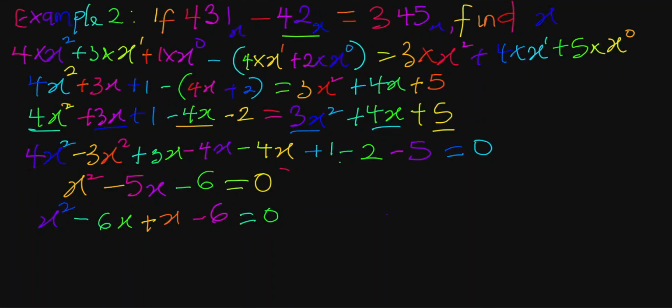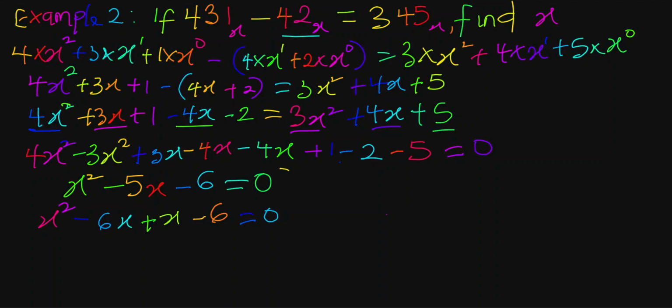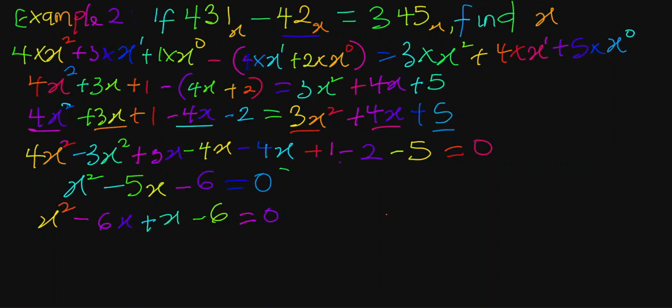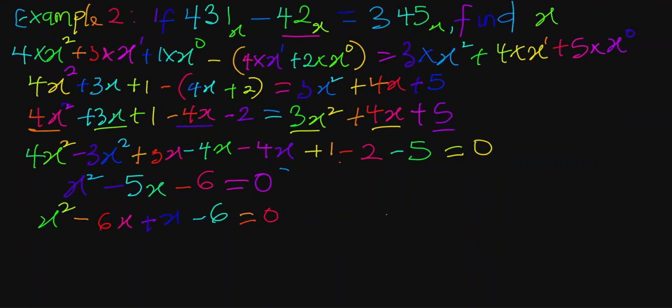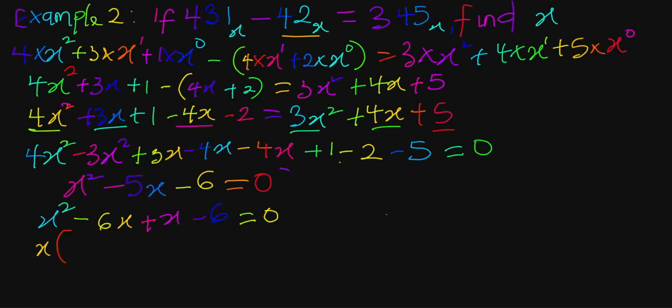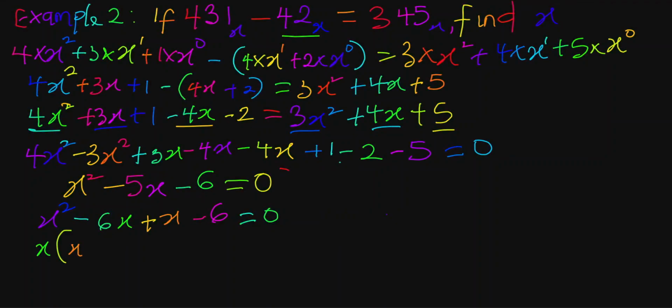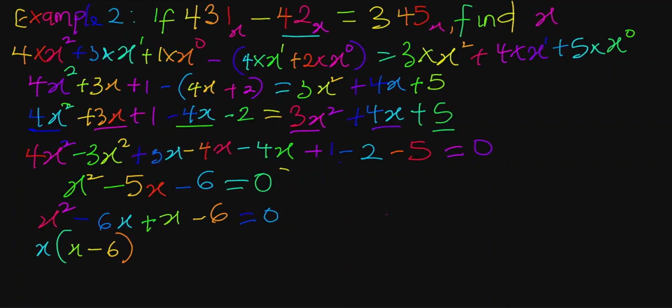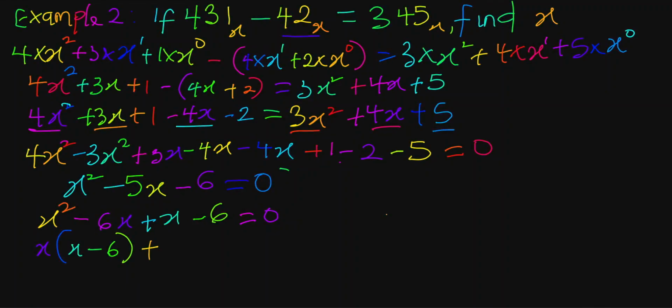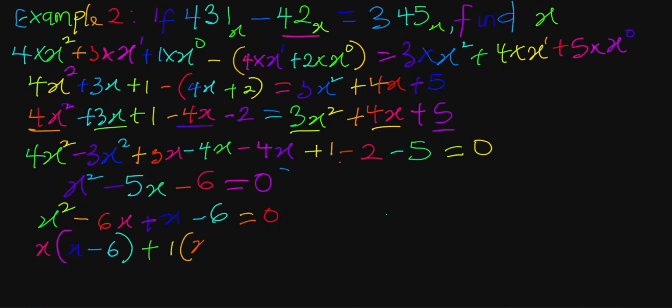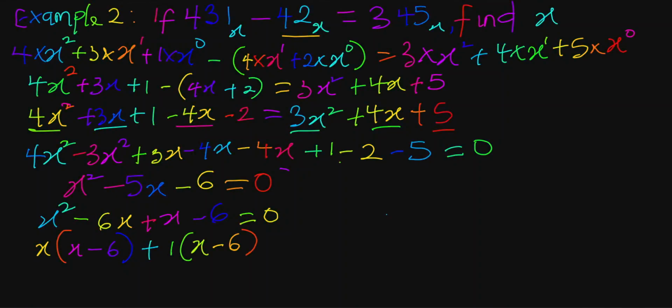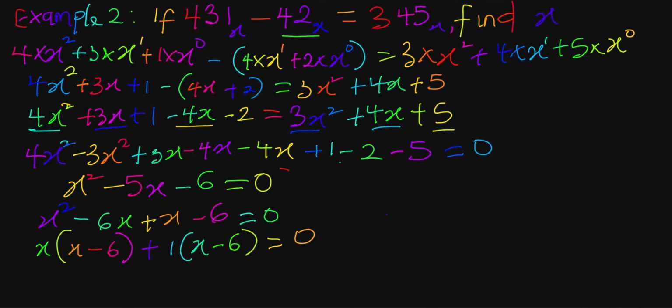So they are the factors of minus 6, and they can also replace minus 5x. So we have x into bracket x minus 6 plus 1 into bracket x minus 6 equal to 0.